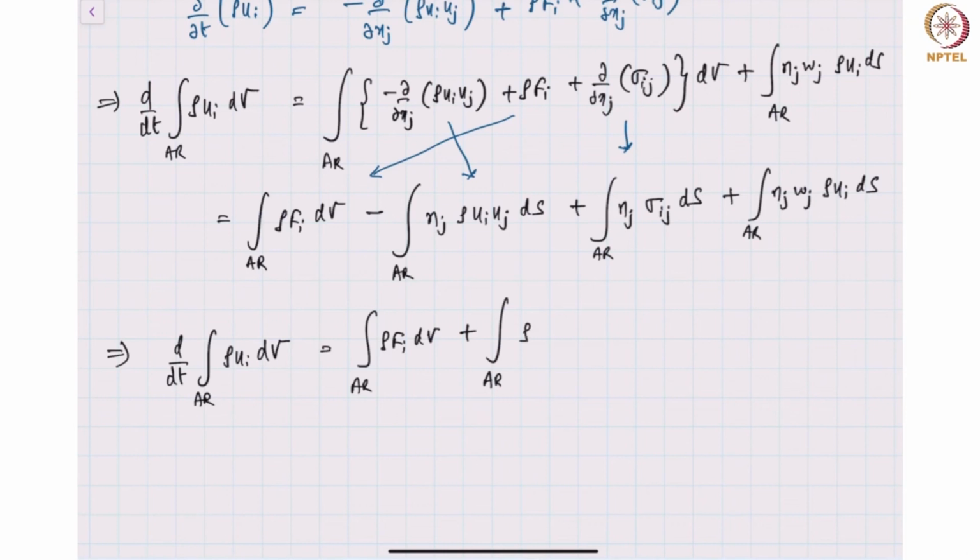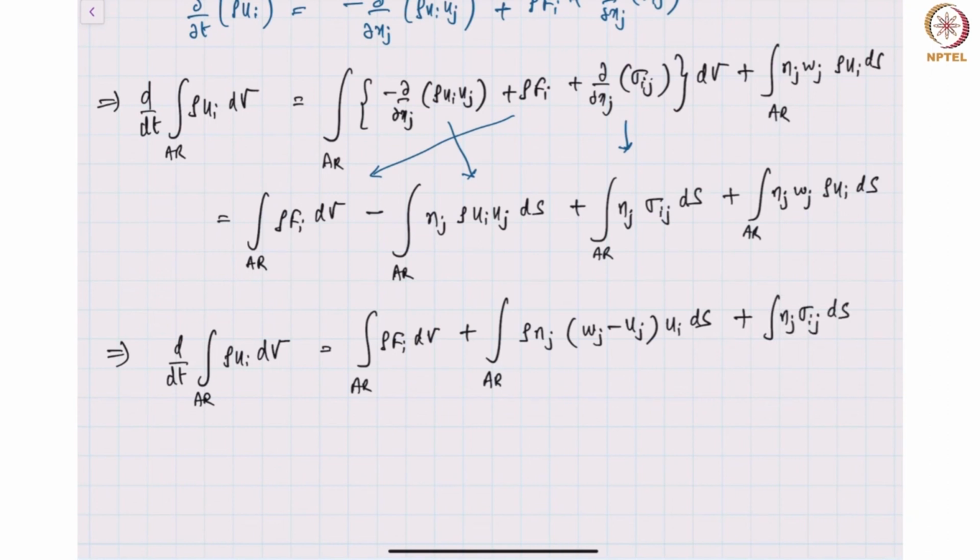So that is rho nj wj minus uj times ui dS, and finally I have the stress tensor term.